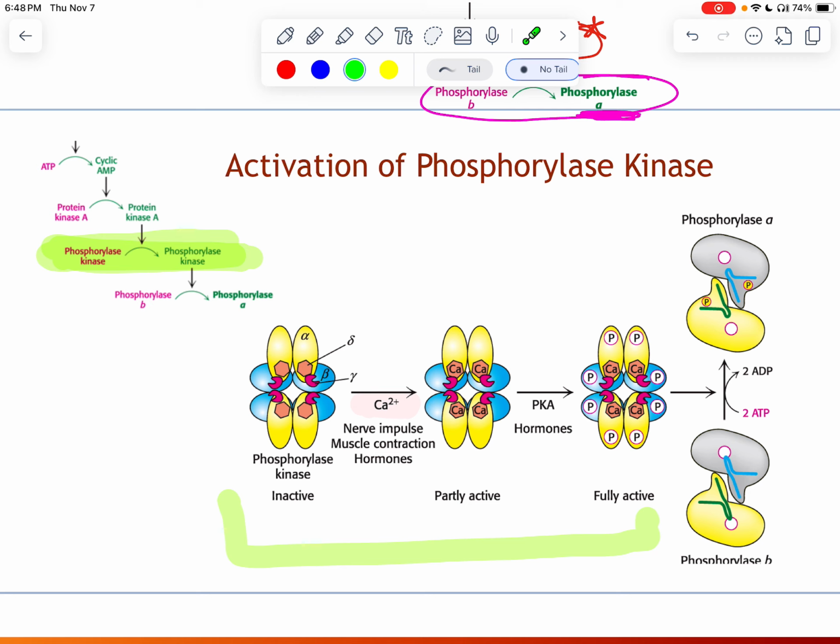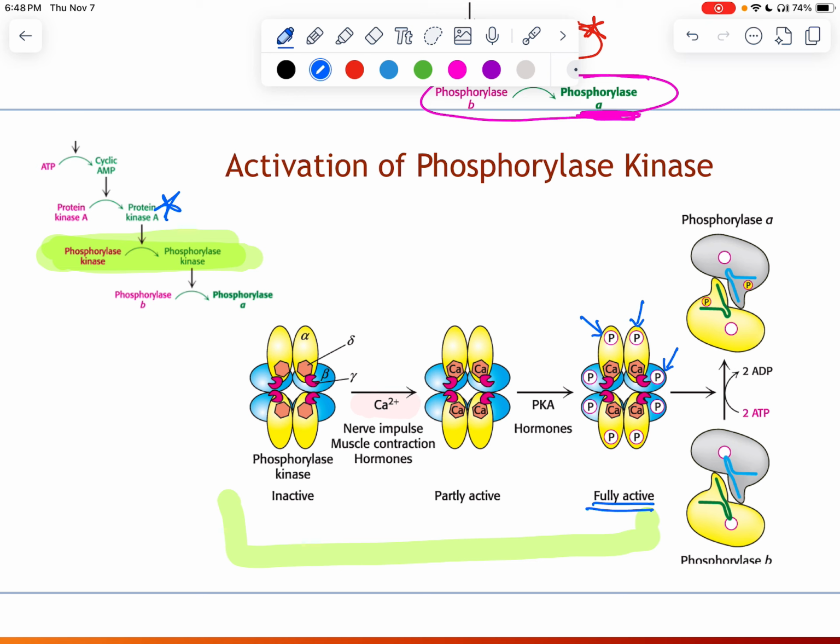That partially activates it. But then protein kinase A, that we activated, phosphorylates it, right? So we see lots of phosphates added to all these spots, and now at that point it's fully active. And it's a kinase, so by fully active we mean it can add phosphates to something else.